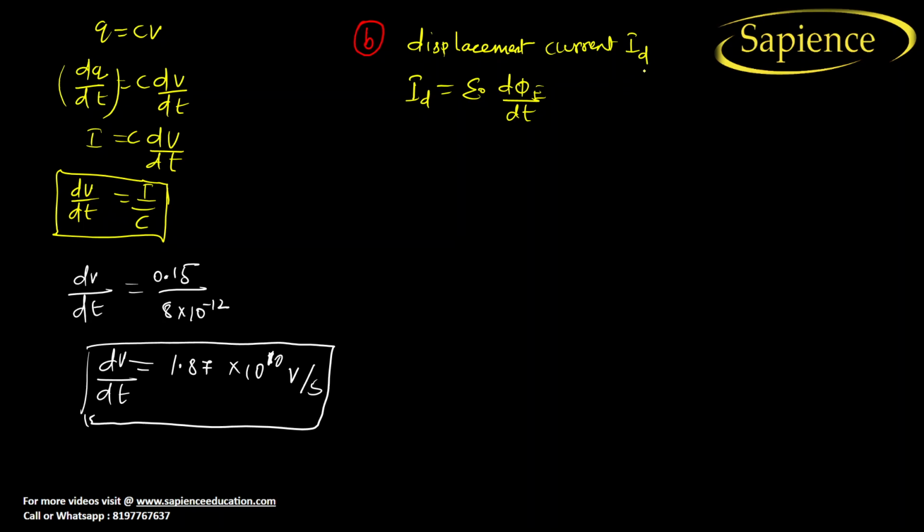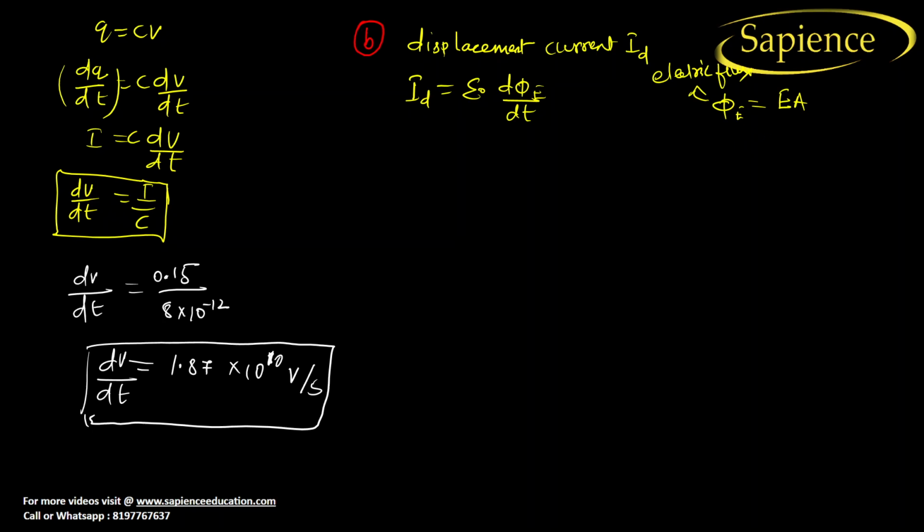We need to go through the basic formula: Φ_E is equal to E into A. Φ is your electric flux. So Φ is equal to E A.